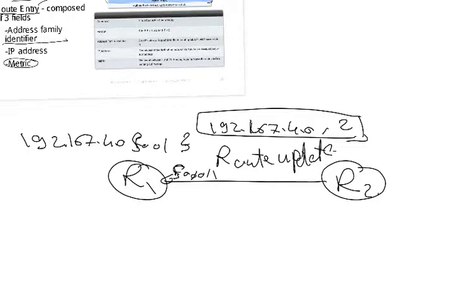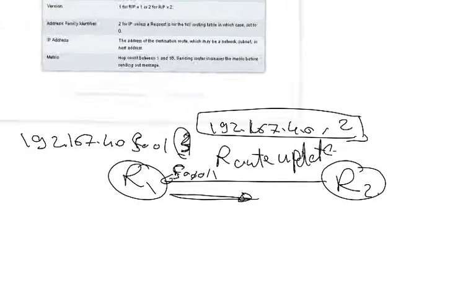The distance here will be 3, and I know that it's 3 via this interface. So if I receive a packet and I want to send it to this destination network, I have to send it through this interface, and it will go through a distance of 3 hops. That's what that means. So the direction is by default where this route update came from. That's why I don't have to communicate the direction explicitly as part of the route update.